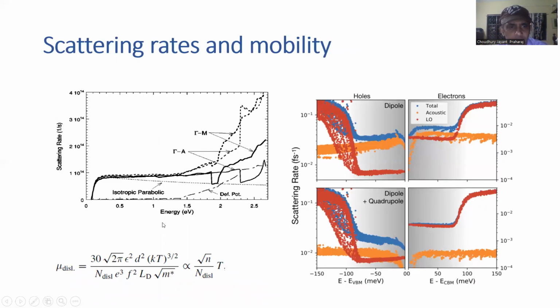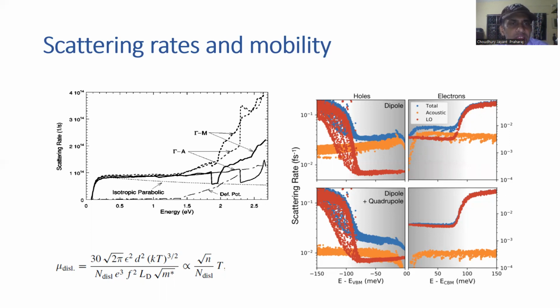Also mentioned here is the dislocation scattering. And in these materials, there is the dipolar as well as the quadrupolar contribution to various kinds of phonon scattering rates for holes and for electrons as a function of energy. And you can see that there is some modification that takes place due to quadrupolar contribution in addition to dipolar contributions in these materials.